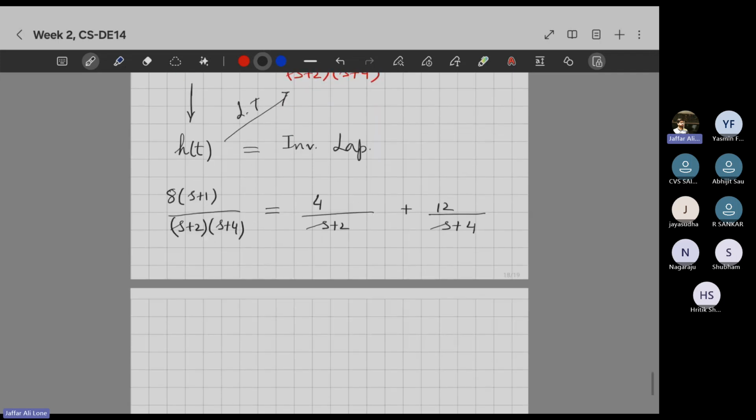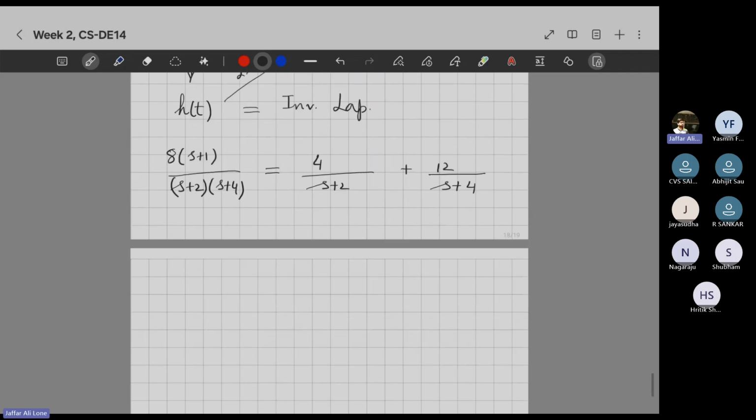Right? So when you solve this using partial fractions, you find the value of this in terms of this, and then you find the impulse response h(t) by just taking the inverse Laplace, which will be 4 e raised to the power minus 2t plus 12 e raised to the power minus 4t.